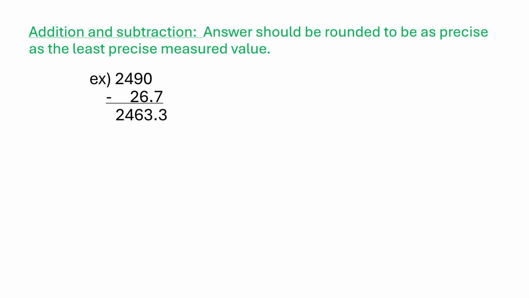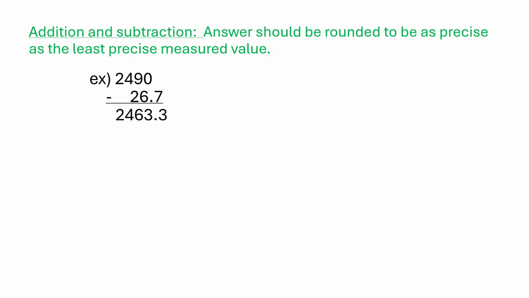The 9 would be the last sig fig. So this is a number that is only reliable to the nearest 10. The second number has its last sig fig in the tenths place, the 7. So our answer needs to be rounded to reflect the least precise number that we used, which was the top number. So our answer needs to also be rounded to the nearest 10.